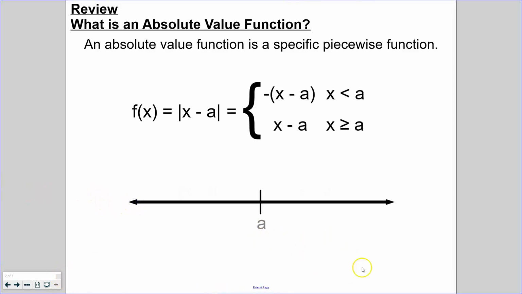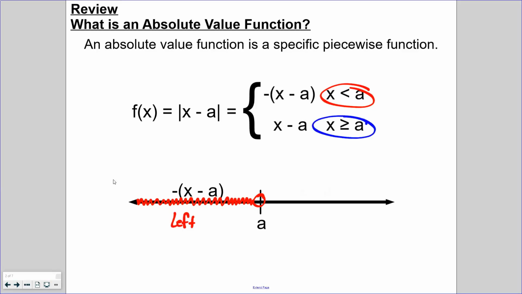So if we were to look at this on a number line, we can see that this is all centered around x equals a. When we look at all the x values that are less than a, meaning all the ones on this side of a, to the left of a, we would use negative the quantity x minus a.